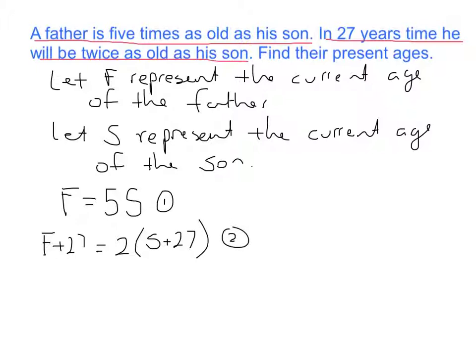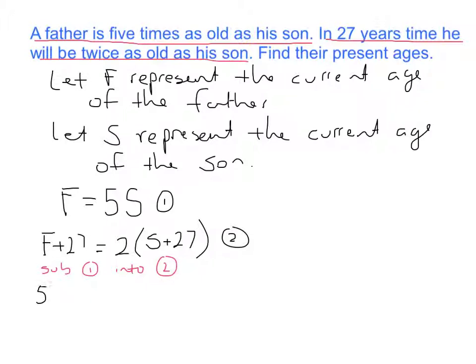What we would then do, I think, is we'd substitute the first equation into the second equation. So wherever we see f, we will replace it with 5s.